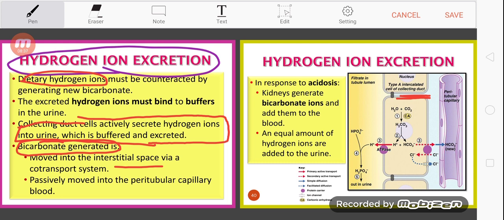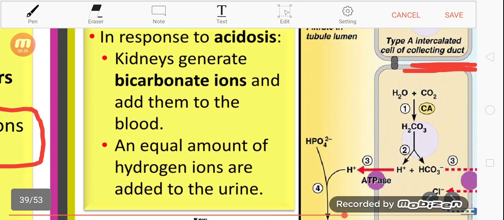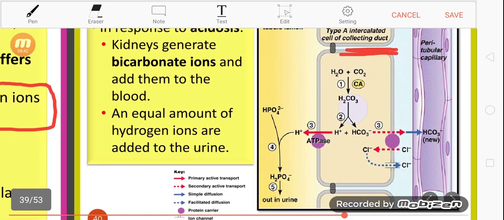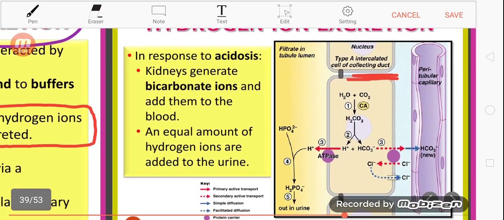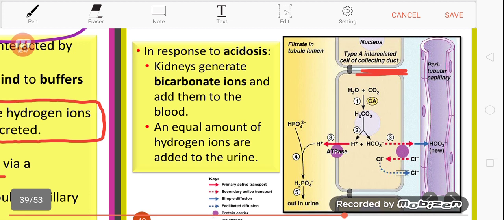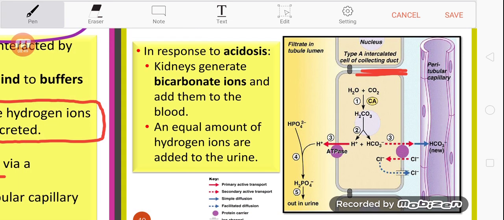Okay, let's look into the diagram. This happens during acidosis. The kidney will generate bicarbonate ion. You can see here first, of course, the source of the acidic condition. First the carbon dioxide will mix with water.